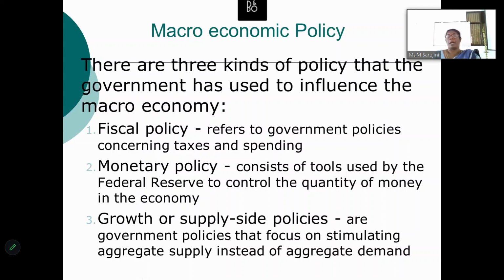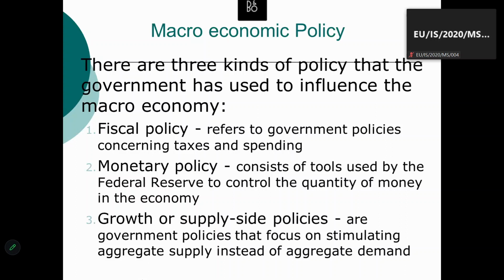Therefore, the government should take necessary arrangements to control this situation. Fiscal policy implements taxes as well as government spending, adjusting the taxes as well as the government spending. Therefore, you are all aware that for the last 6 weeks, the university lecturers were.